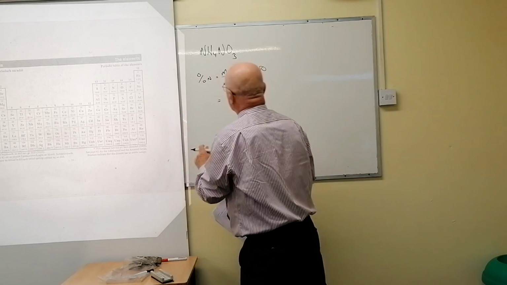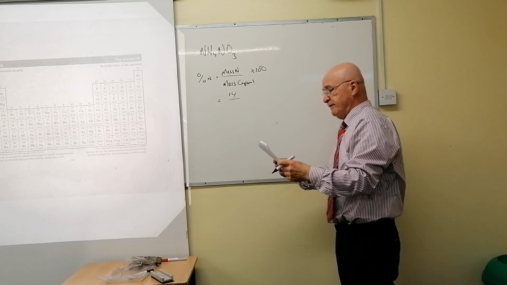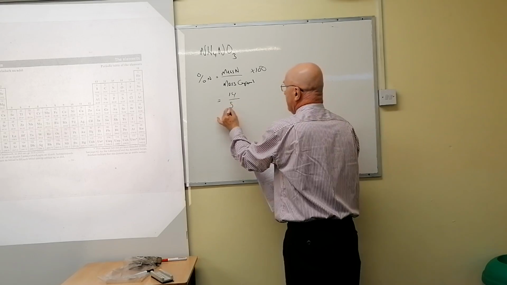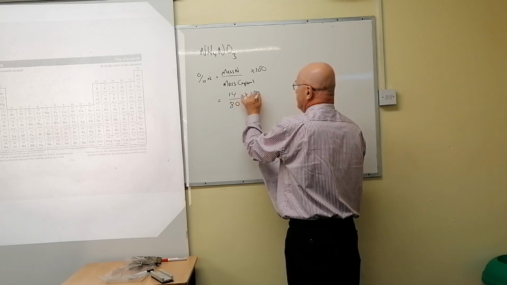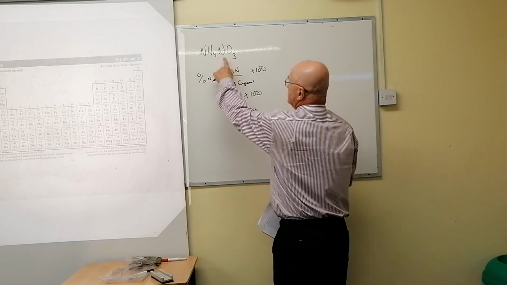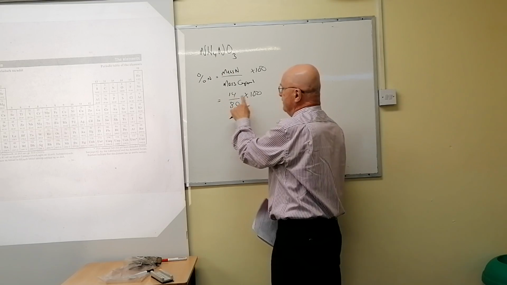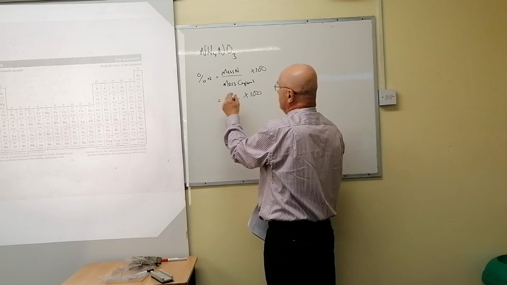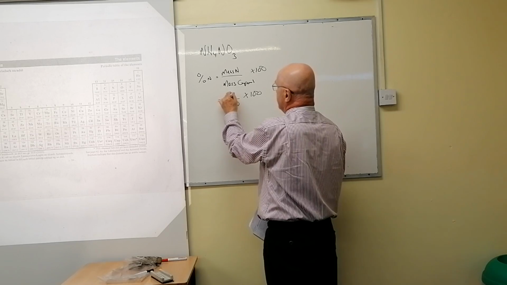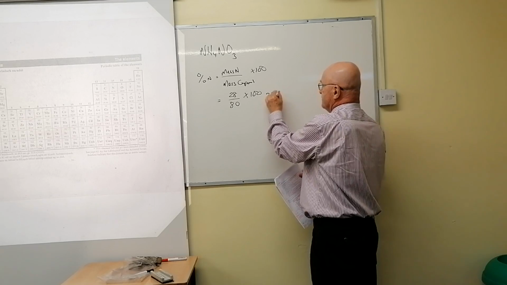So if I put 14 in there, and the compound, you work out the relative molecular mass for it, it's 80, and multiply by 100, and you realize that that's not correct, because there are 2 nitrogens in that. Be careful. Very common mistake. Very common mistake. Will you be careful, please? That's 28. And your answer came out to be 35%.